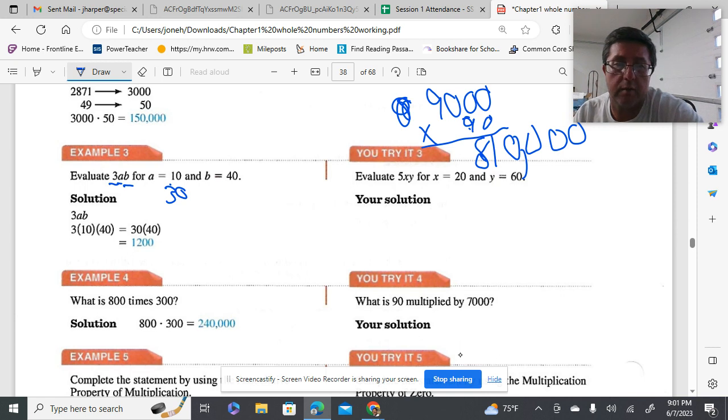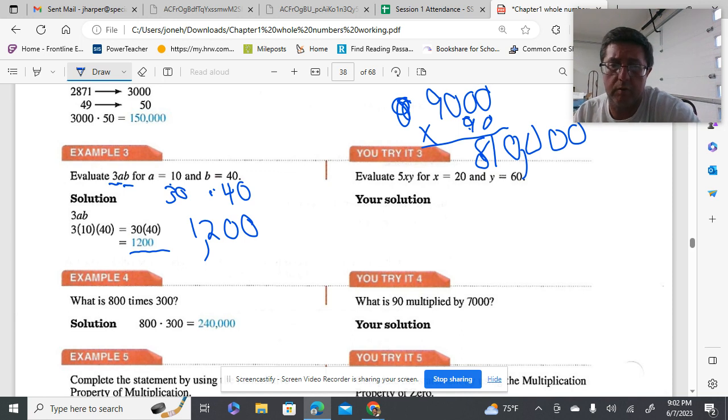So we take 30 times 40, and our answer would be 1,200. And we could do that by knowing that 3 times 4 is 12. Then we would count 2 zeros. That's as easy as that is.